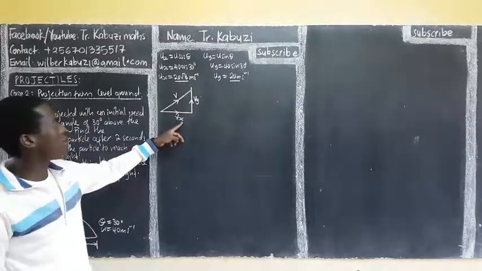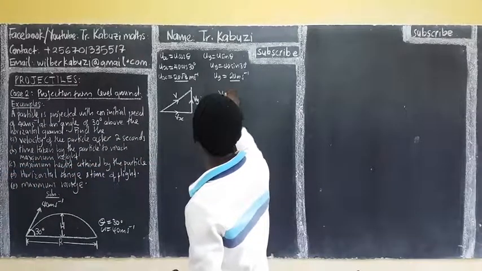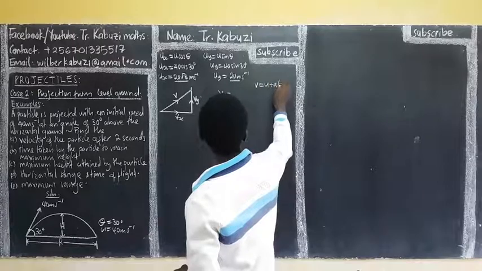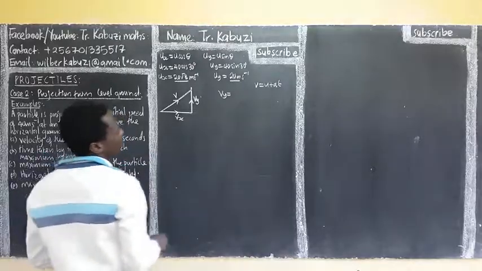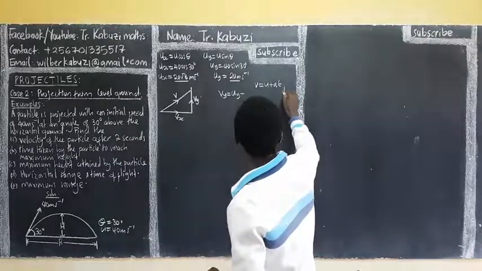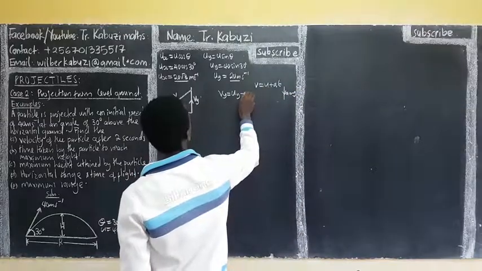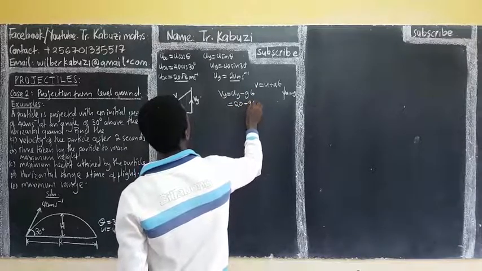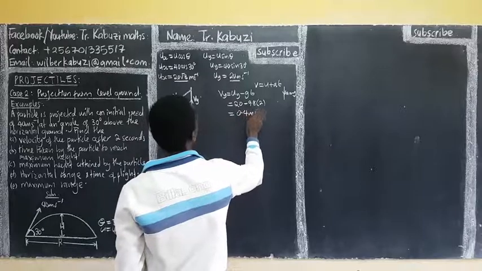We start with the vertical component vy, using the equation of motion v equals u plus at. Vertically, we add uy, and a is negative g. So vy is 20 minus 9.8 times our time, 2 seconds, and this gives 0.4 meters per second.